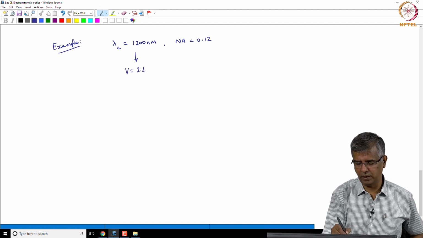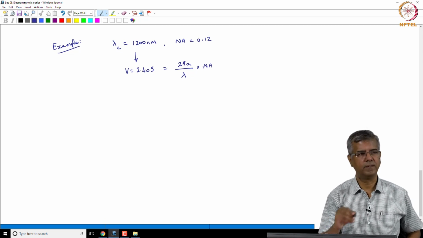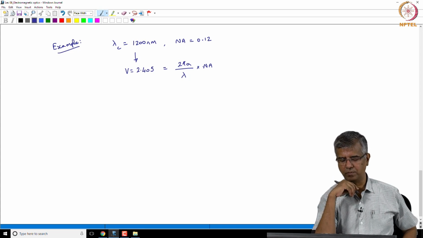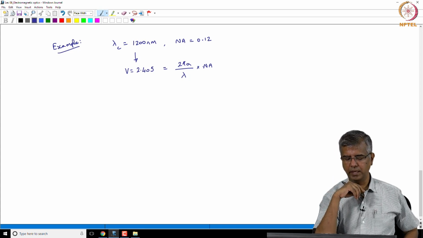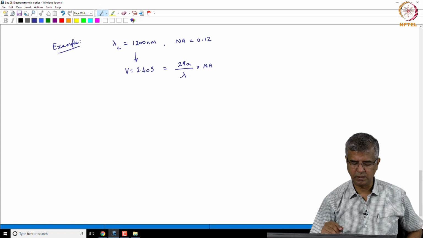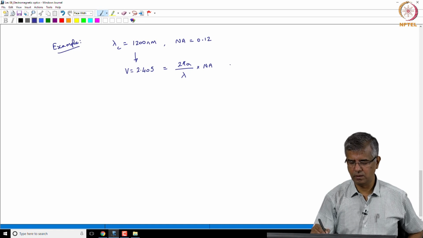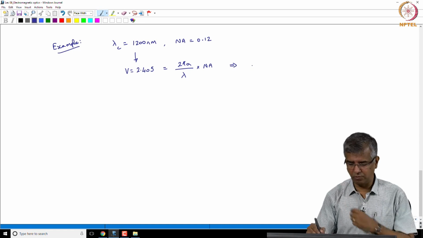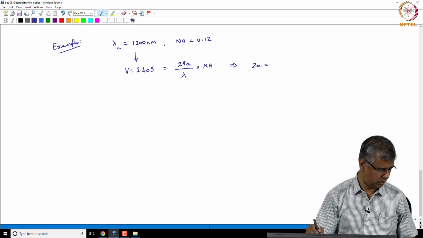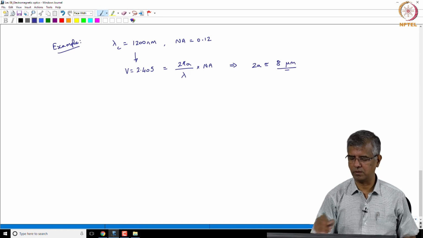V equals 2.405, which is given by 2 pi a over lambda multiplied by root of n1 square minus n2 square, which you can write as the numerical aperture of the fiber. Okay. So, if you substitute lambda equal to 1.2 micrometers, then if you substitute all the values given, you can find that 2a would roughly correspond to about 8 microns.